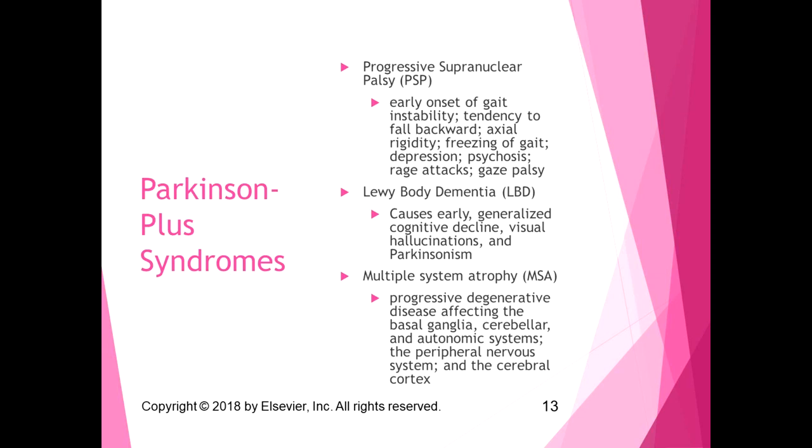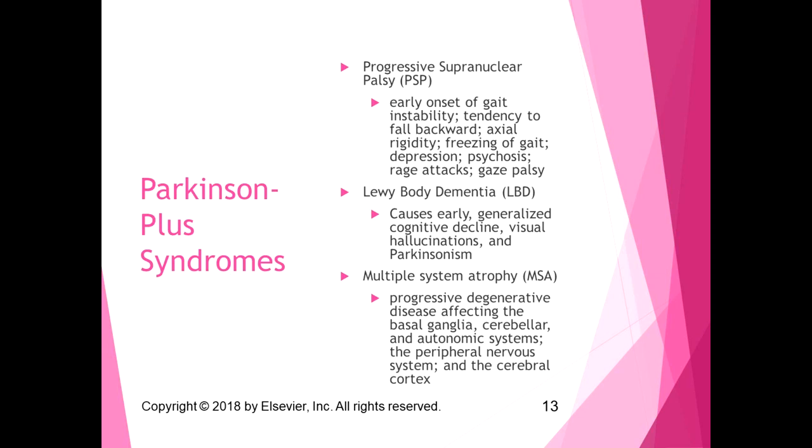Multiple system atrophy is a progressive degenerative disease affecting many areas of the brain. PSP, LBD, and MSA are all degeneration of the tau proteins in the brain, which are structural proteins. So the brain is actually breaking down structurally.